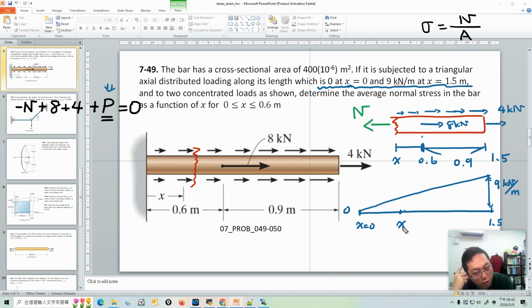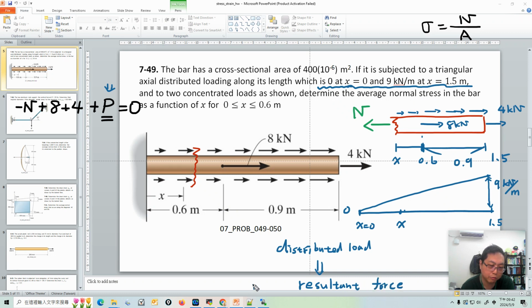Just to refresh your memory: if you have a distributed load, how do you find the magnitude of the resultant force?